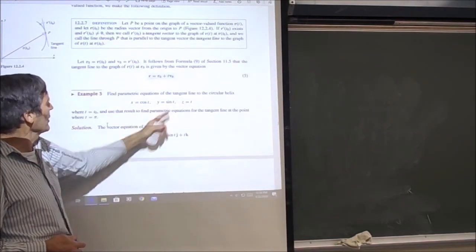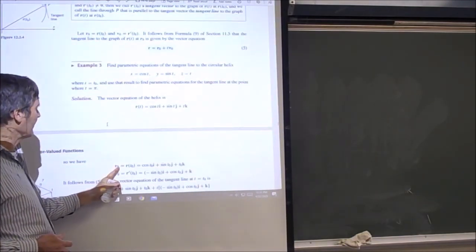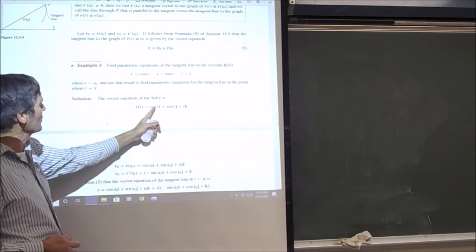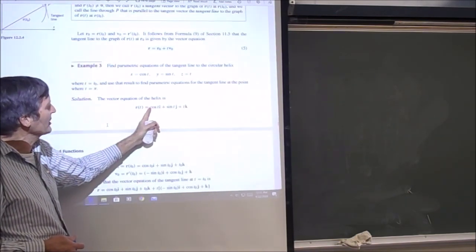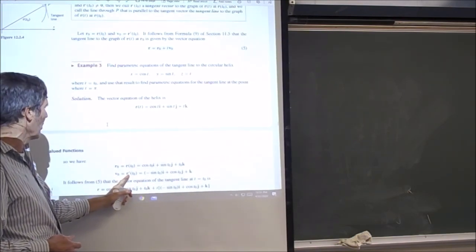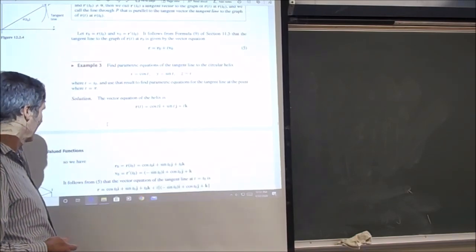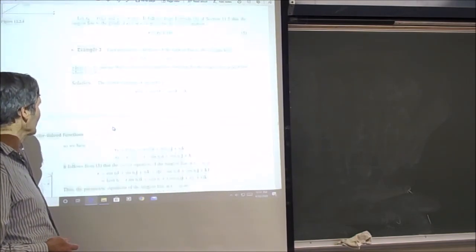So this curve here is moving along a helix. I can take the derivative of the vector cosine t, sine t, t, and I get minus sine t, cosine t, 1 for the components. And so r prime at any point t0 is this vector, and that's the velocity vector.